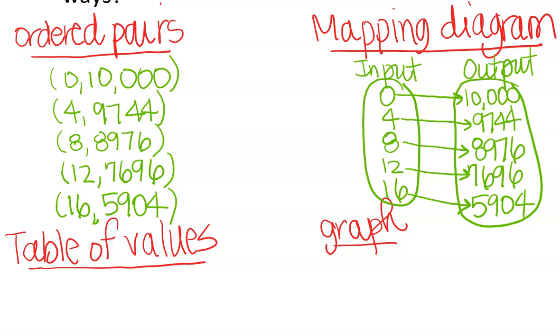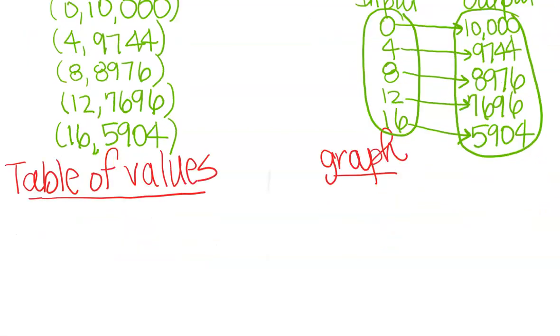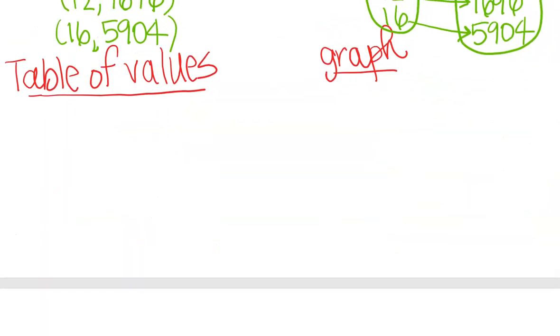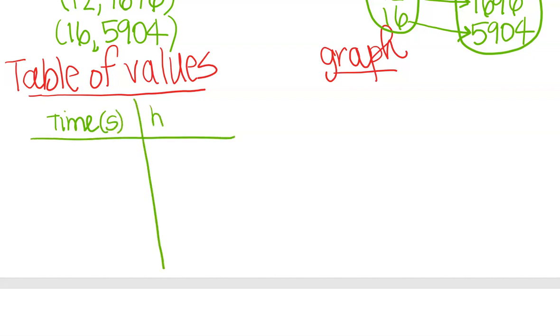Let's go to a table of values. The X value stands for time. The Y value stands for height in feet.